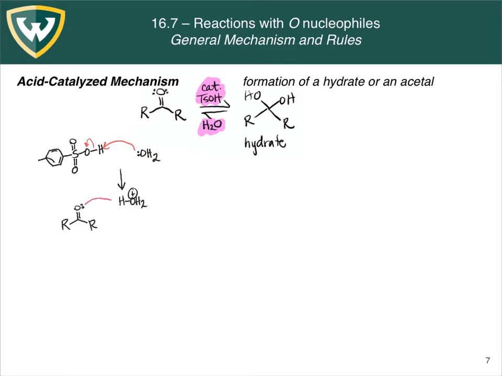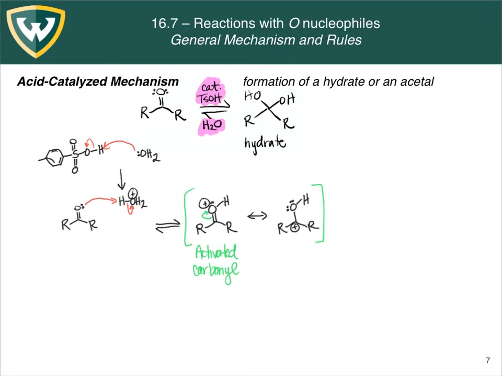Now we can use the basic lone pair on the carbonyl to deprotonate hydronium, and we form the activated carbonyl. So let's take a second to look at the resonance forms of this activated carbonyl intermediate, and we can compare those with the resonance forms of the starting material itself.